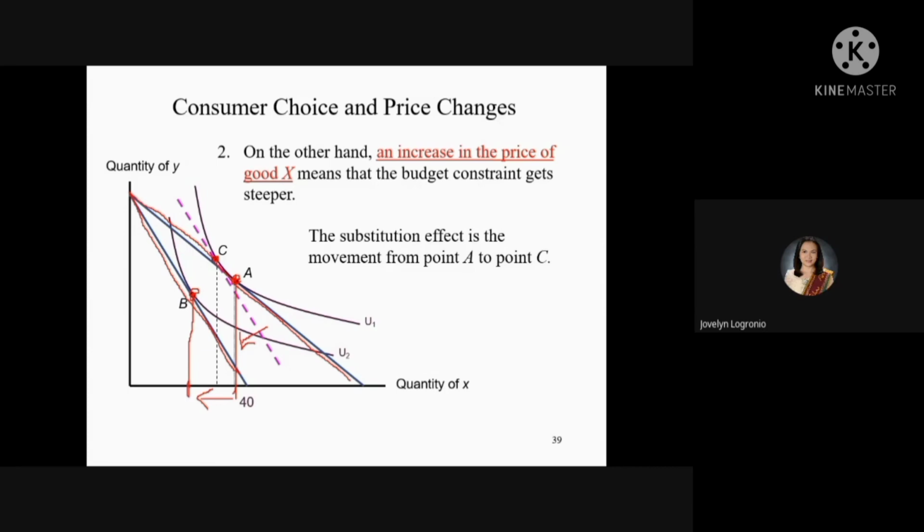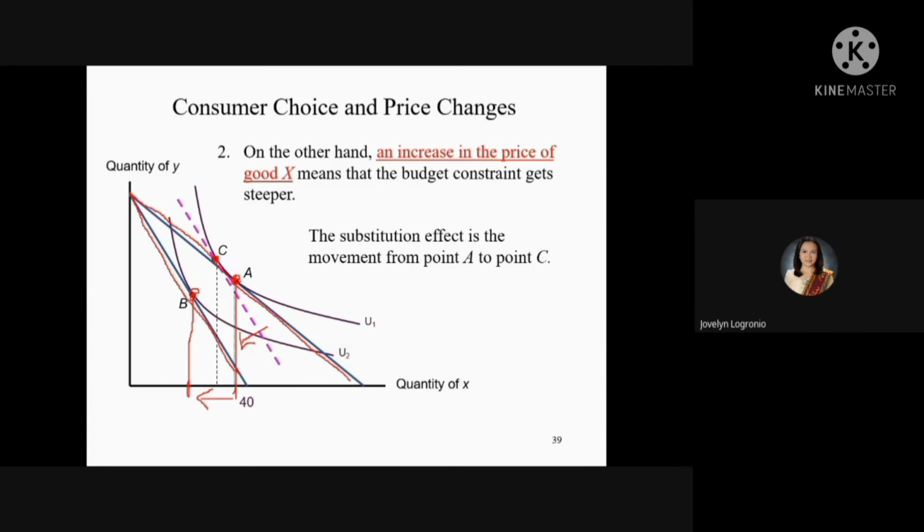And at point C, again, we will construct an imaginary budget line which is tangent to U1. And since the price of good X now is higher, the purchasing power of the consumer declines.